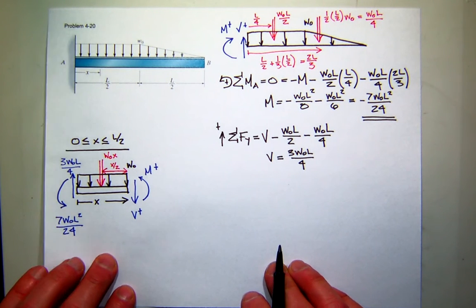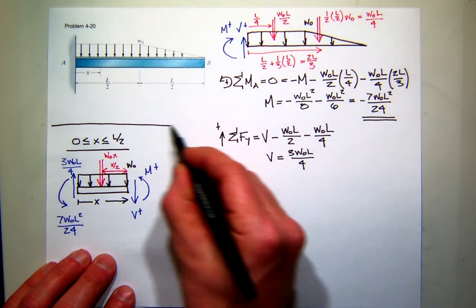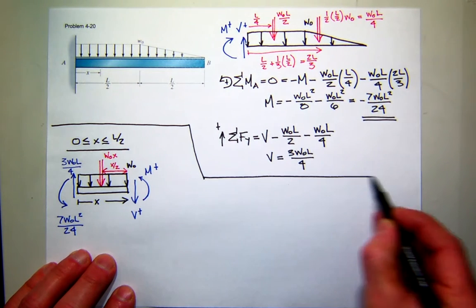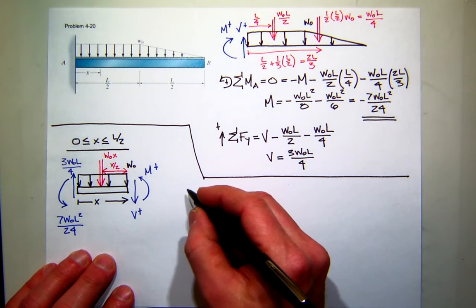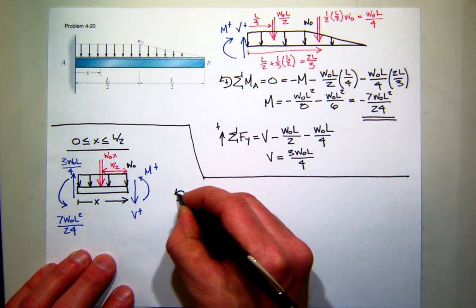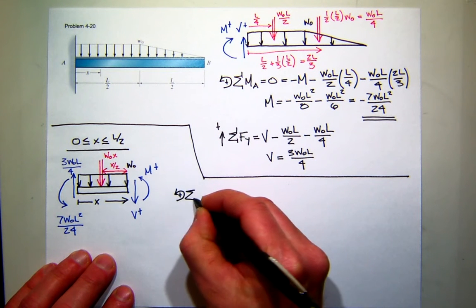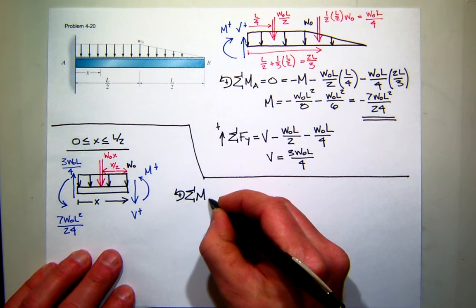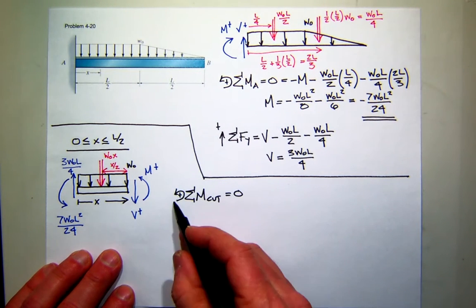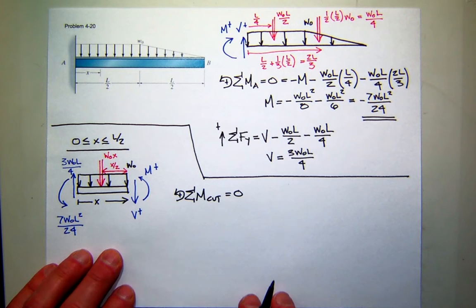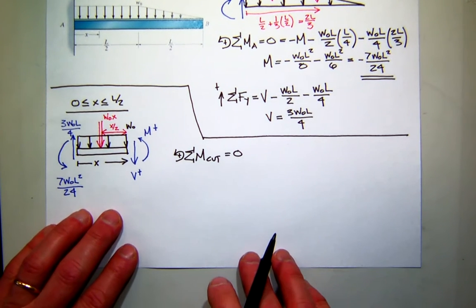Okay? I'm going to draw a line to kind of break that up so it won't look like it's all jammed together. So now I'll come over here and we will sum moments about our cut. Make sure we're in equilibrium. Again, choosing right-hand rule for my sign convention.